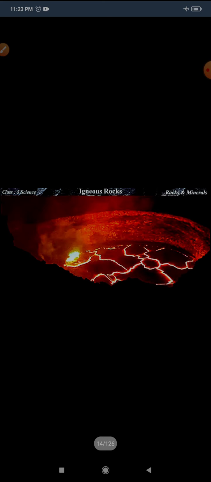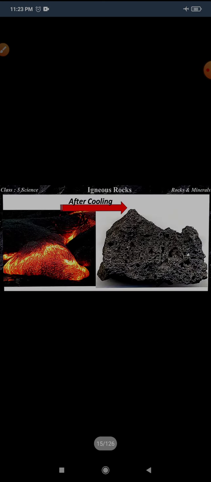The earth's core is made up of molten rock, and this molten rock flows out from the earth's interior to the surface. When a volcano erupts, at that time it comes out from the crater. Later it cools and solidifies to form igneous rock.